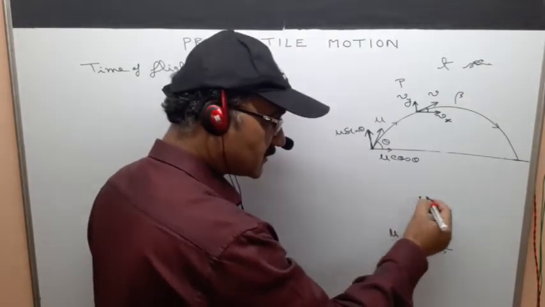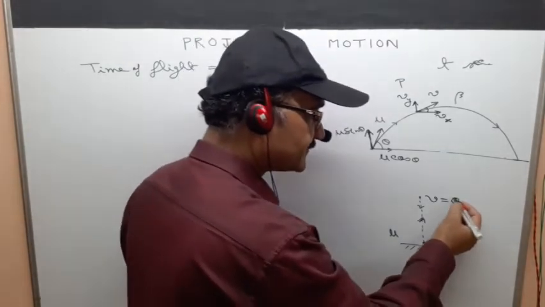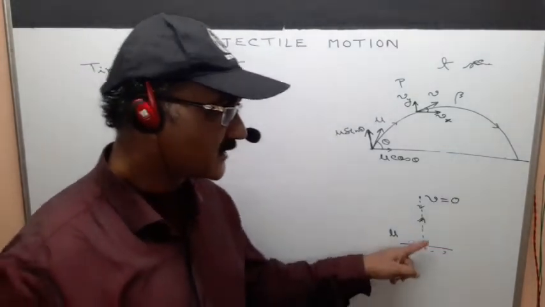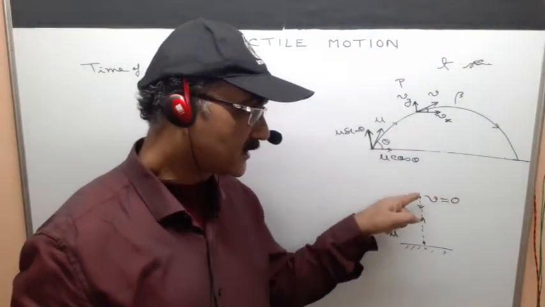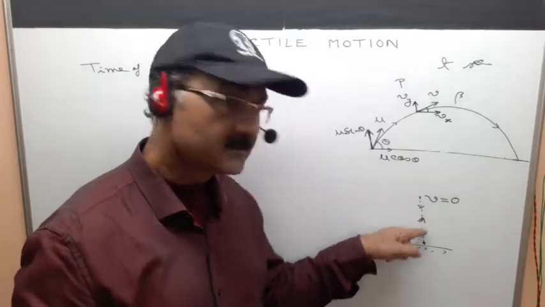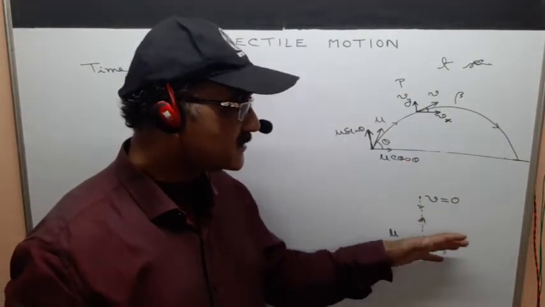The velocity at the top point is how much? 0. Correct. When you throw it vertically upward, its velocity at the top point is 0, then it again starts falling downward. Now compare this with this.